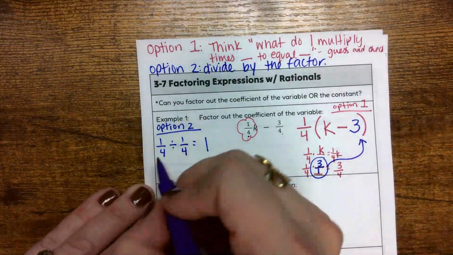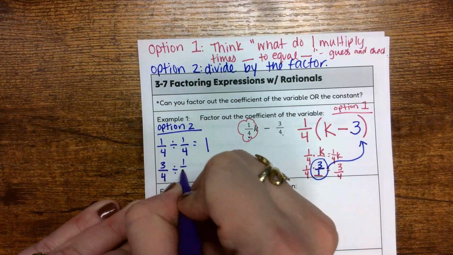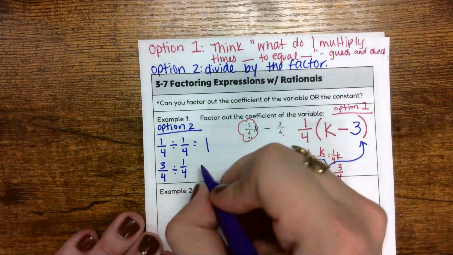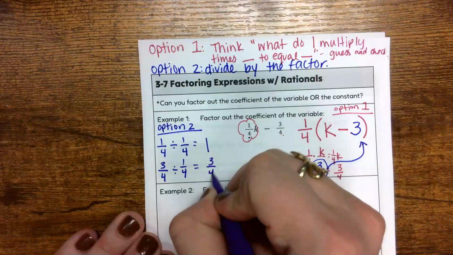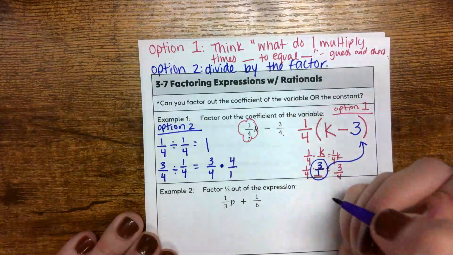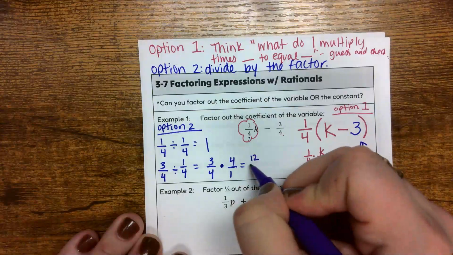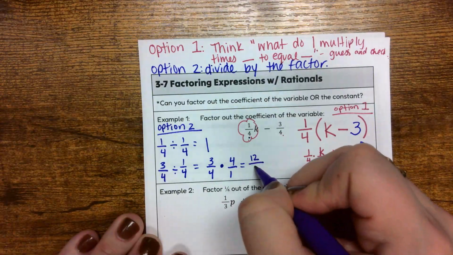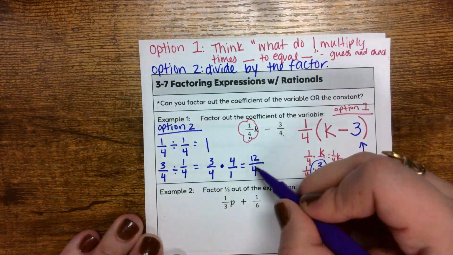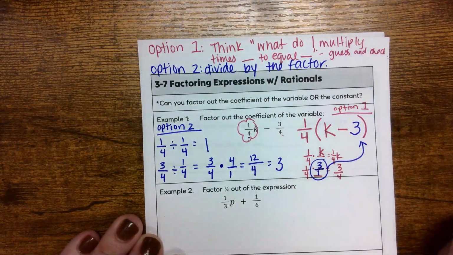And then if we think about 3/4 divided by 1/4, and we do keep, change, flip, that's going to mean 3/4 times 4/1, which is going to give us 3 times 4 is 12 over 4 times 1 is 4. Well, 12 divided by 4, or 12 over 4, is really equal to 3. And so that's how we got our second number there.